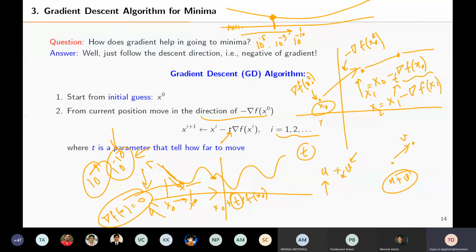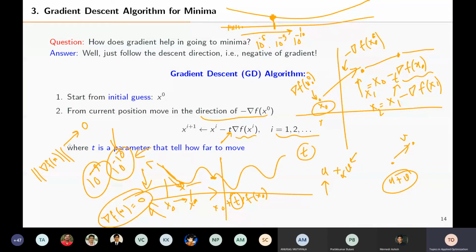Stopping criteria depend on the problem, but the most important thing to show your algorithm is going in the correct direction is that the norm of the grad of f is going towards 0 as your x is getting updated.